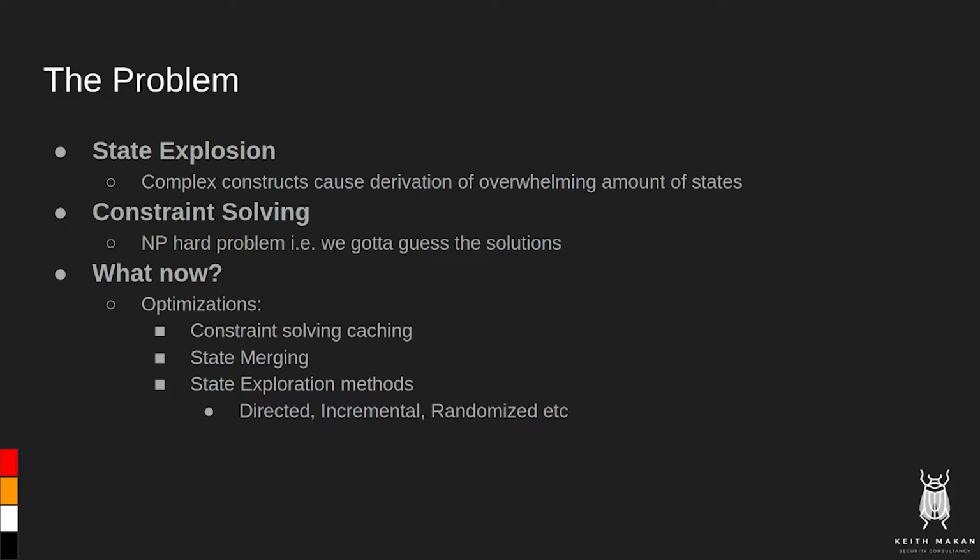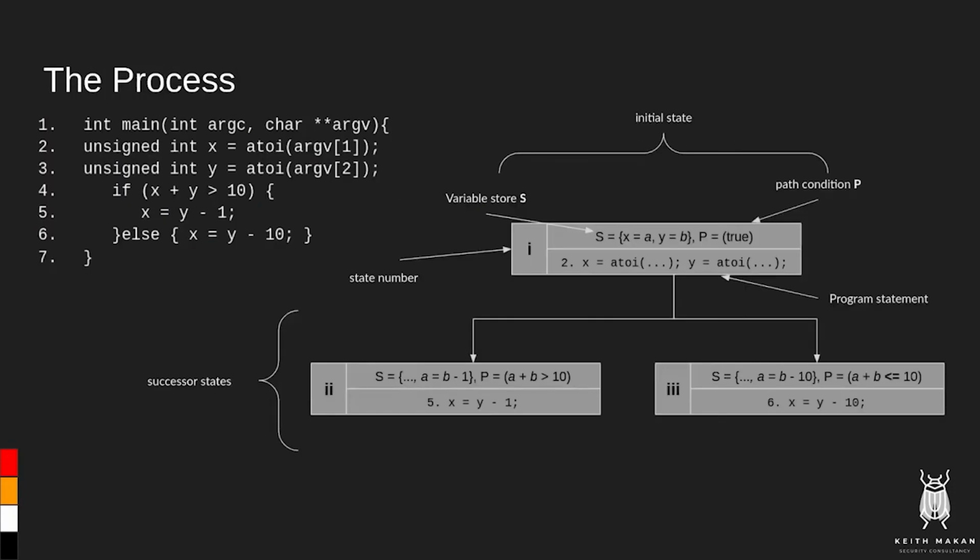Then there's also something called state merging, which means that if you split a state with an if statement, and let's look at the previous example again, it's a good example to work from. If you split the successor states, you'll see that in this program they end up reaching the same point.